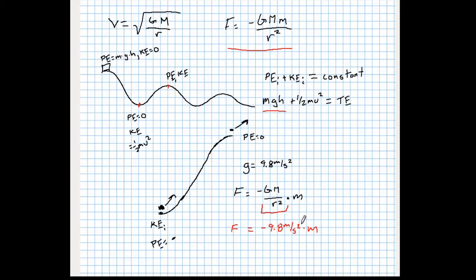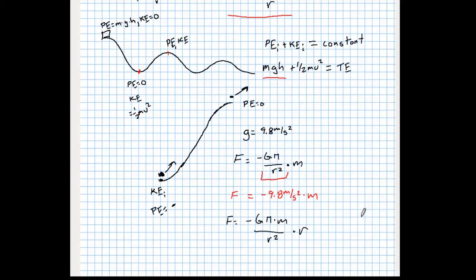Okay, so that's m times g times the height right there. That means I need to multiply by the radius, or the distance from the center. So if I take this equation for Newton's force and multiply it by the radius, force equals minus G times the mass of the Earth times the mass of the object divided by the radius squared times the radius again, you get a cancellation. That r cancels one of those.